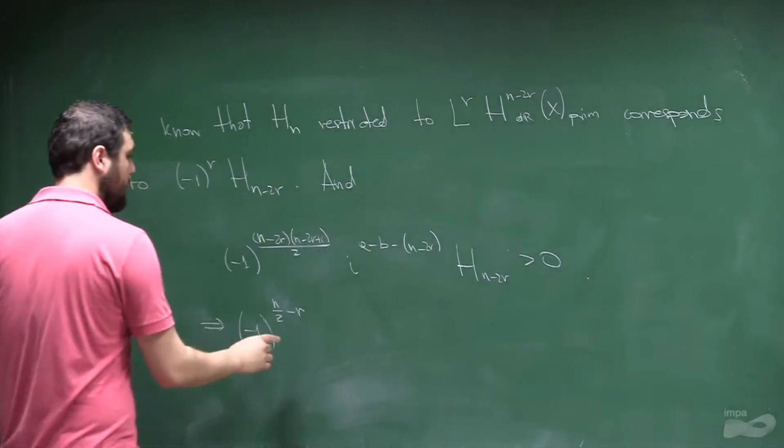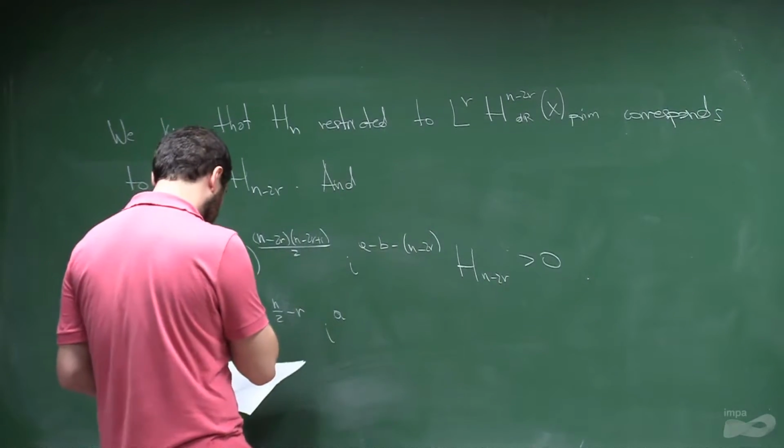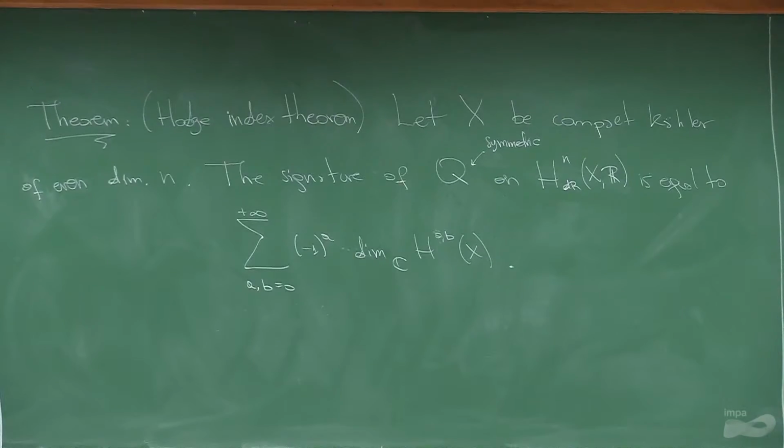So we'll get this number times i^{a-b-n}. This i^{2r} will be (-1)^r, so I can erase this. And I can write this guy as i^n, right? So it will be like this, i^n h_n.